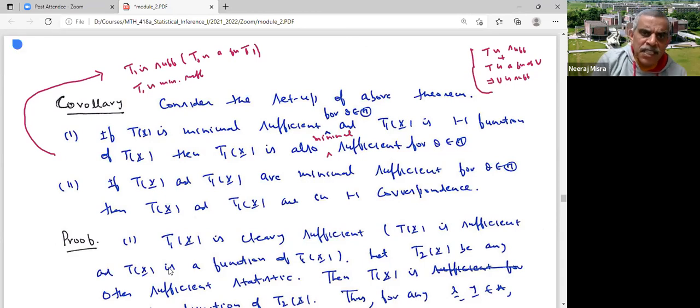So to show that t1 is minimal sufficient, you have to show that t1 is sufficient, which you have already proved in the first part. And then you have to show that it is a function of any other sufficient statistic. So let u be sufficient.